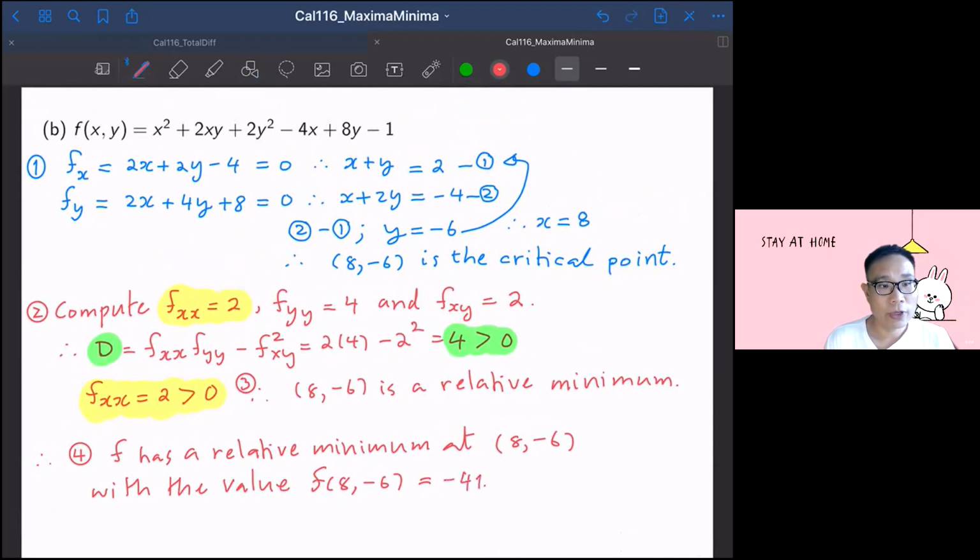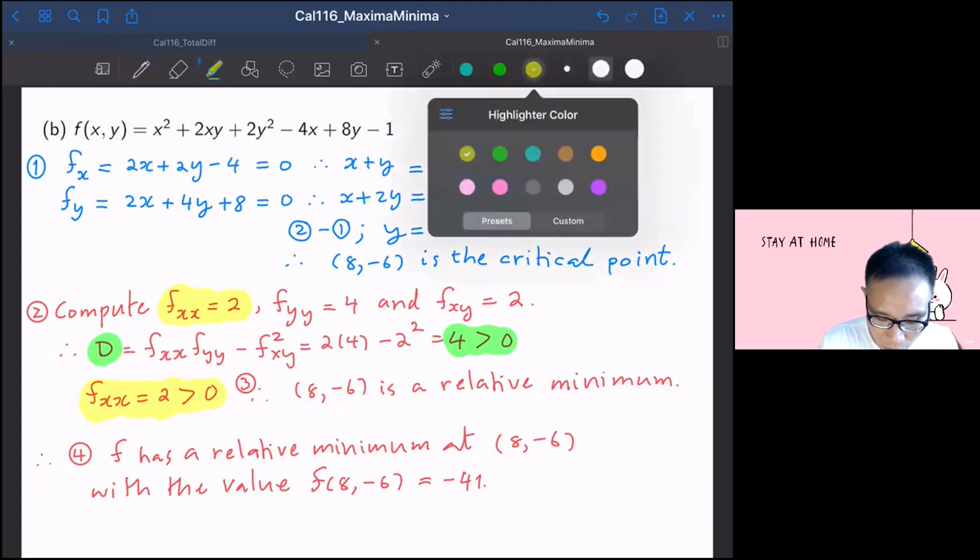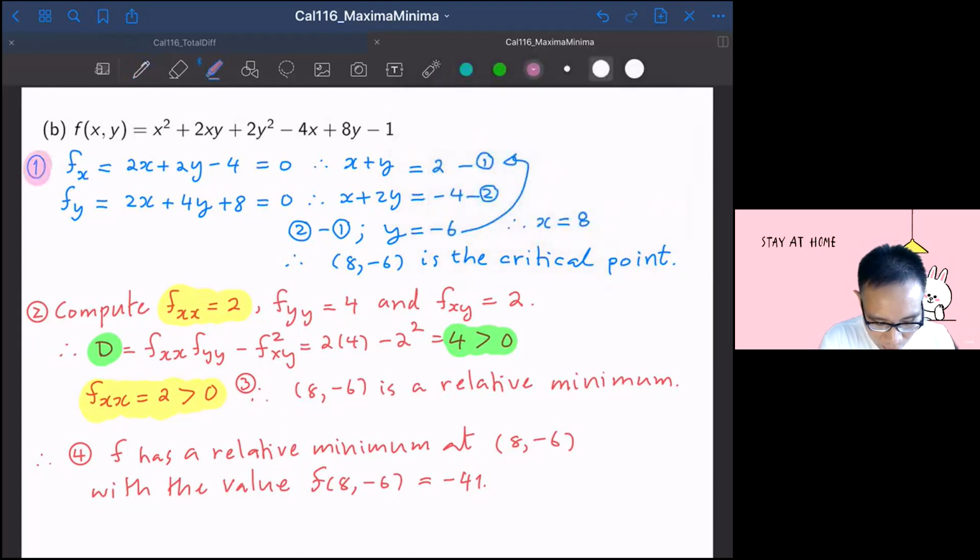Okay, so this is how we determine relative maximum or relative minimum value, and it turned out to be a relative minimum in this case. So you see it's gonna be the first step, second step, third step, and the fourth step. So it's 4 steps in order to reach this conclusion.